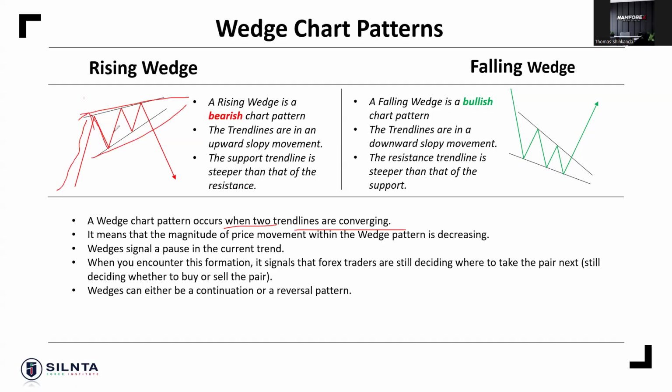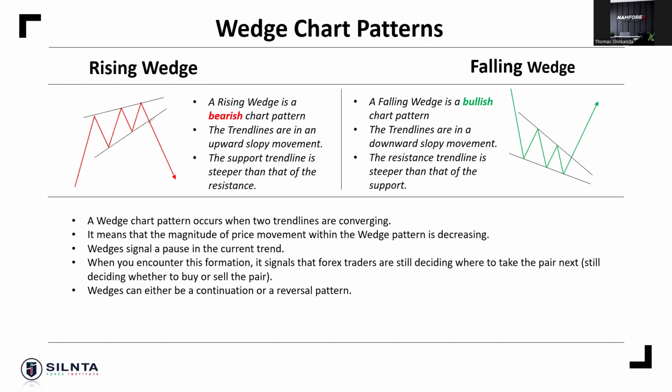It will retrace, and then it will make a high, and then it will retrace, make a new low, and then it will push a bit high. You can simply see that these ones are converging in the corner somewhere there, or the triangle is getting smaller, smaller, and smaller. This is a reversal pattern.